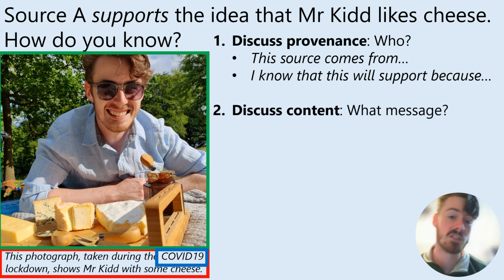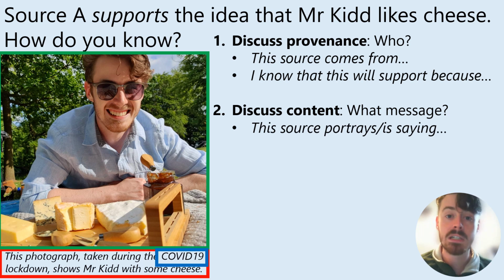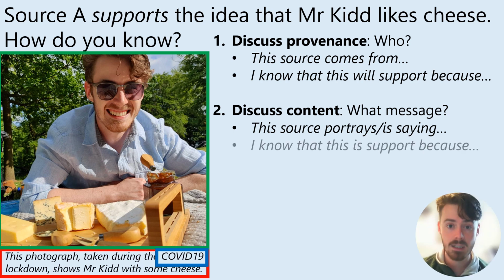If I'm going to discuss content, just in the exact same way, I need to spot something in the source. The source is portraying, the source is saying, I'm interpreting that message in that image to try and give off why it's going to support the source. And again, I'm going to say, right, I know this is supporting, I understand what I see. He's smiling, he's with that piece of cheese, those two are connected, that's the point.